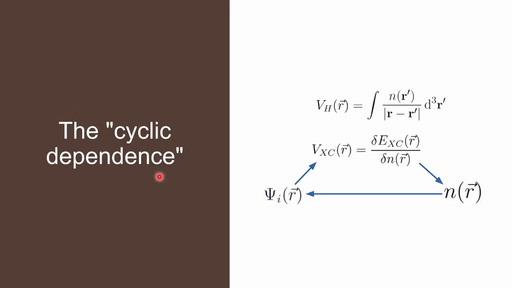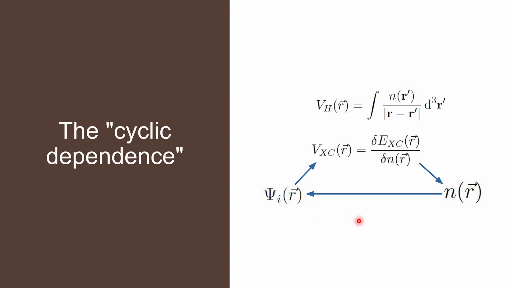But we have here a cyclic dependence. These potentials depend on the electron density. I mean, these potentials are needed so that we can find the electron density, and then the Schrödinger equation must be this functional of the ground state electron density.